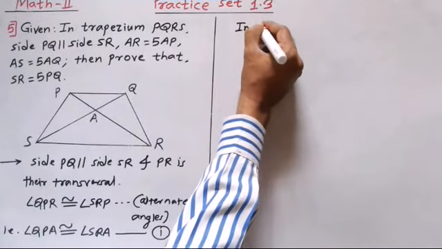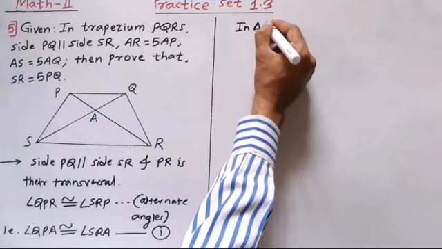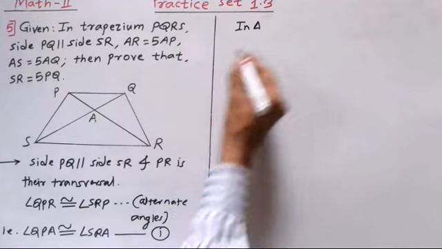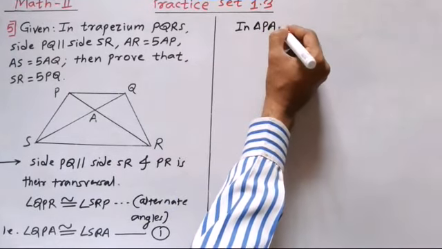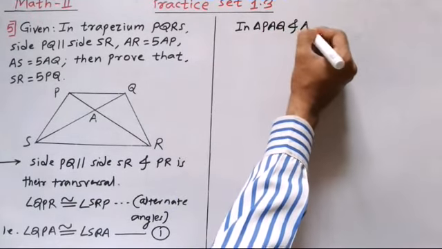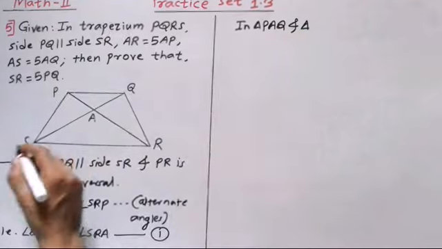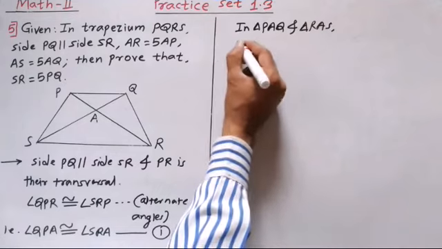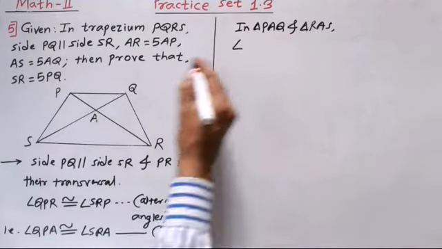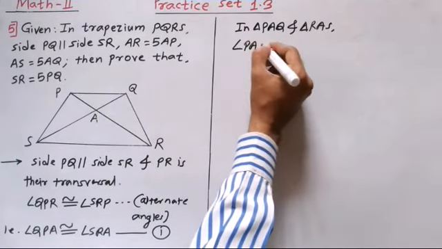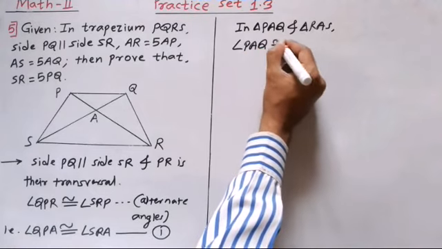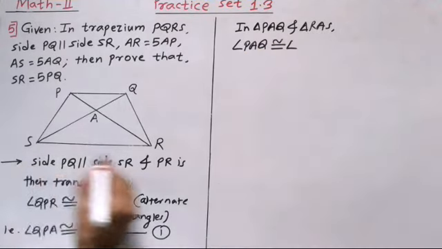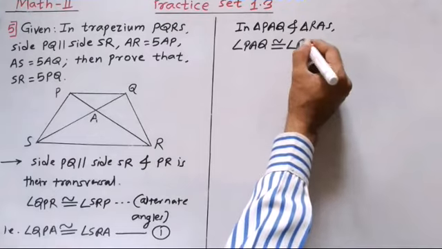In triangle PAQ and triangle RAS, first, angle PAQ is congruent to angle RAS.